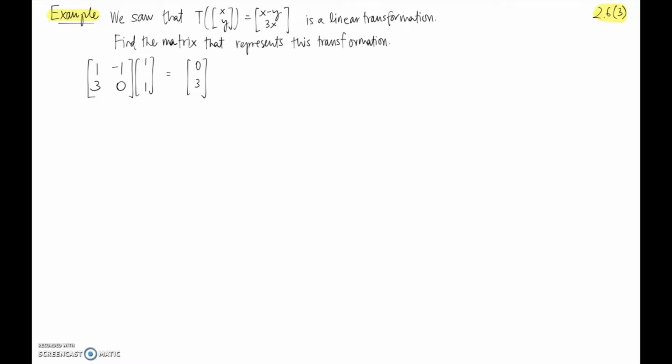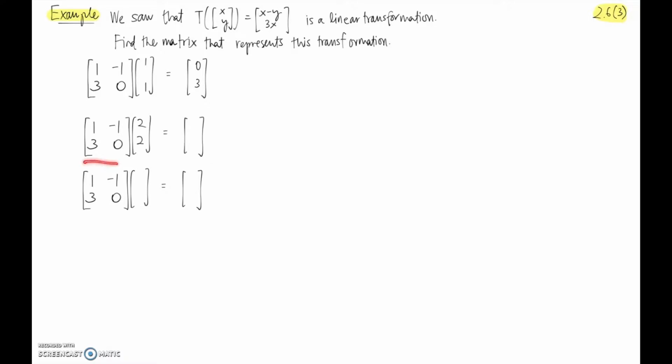Let's make sure it works out with the other vectors. When we take this matrix and multiply it by the vector (2, 2), we get the (0, 6) that we need, and when we multiply it by (3, 3), we get (0, 9), and that checks out.